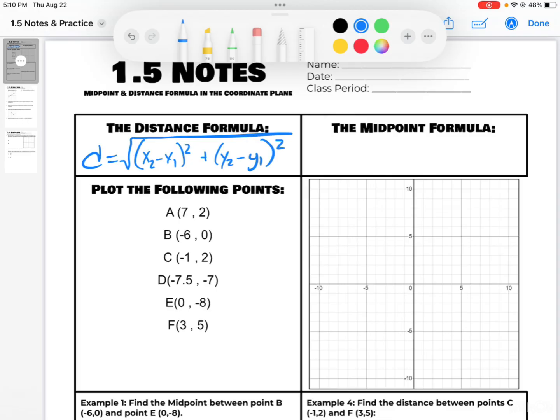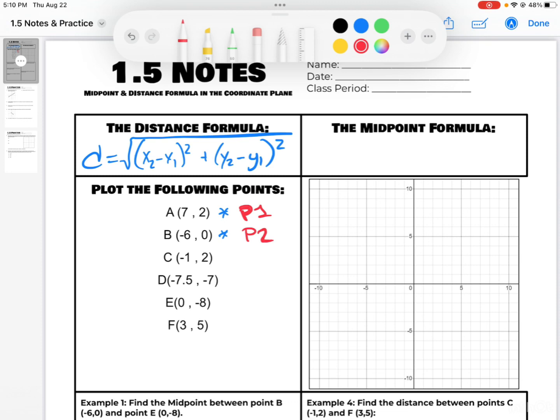When you're looking at what x2, x1, y2, and y1 mean, normally for these problems you're going to be given 2 points, like these points down here. You need to decide which one is going to be number 1 and which one is going to be number 2. It's kind of a personal preference.